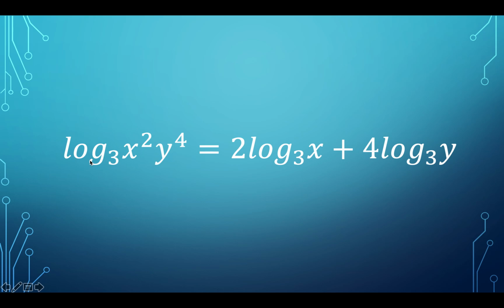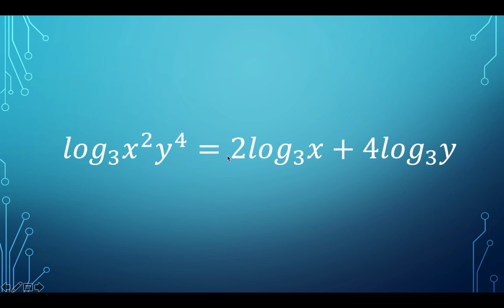How about if we have log base 3 of x squared y to the 4th? Now we combined both rules that we've learned. Since it's x squared times y to the 4th, break it up. We're going to put an addition, and the other rule tells us to bring exponents where? Down into the front.